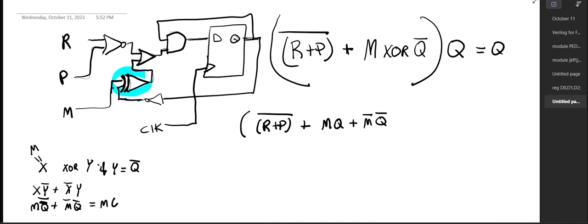So that would be M Q or M bar Q bar. And that is ANDed to Q.